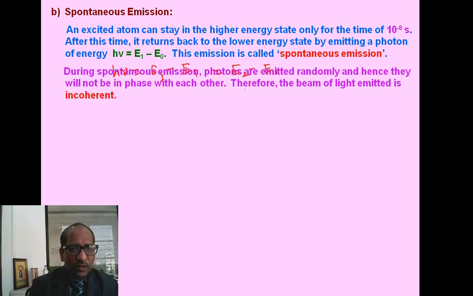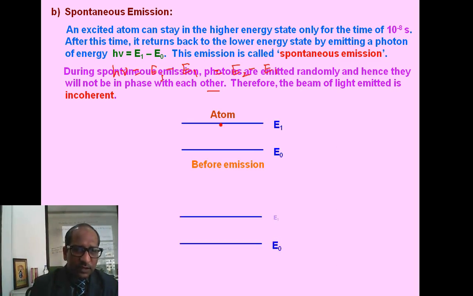Right, during spontaneous emission, photons are emitted in random directions, and hence they will not be in phase with each other. Therefore, the beam of light emitted is incoherent. Right, this is the case. You can see here, the atom is in the excited state.